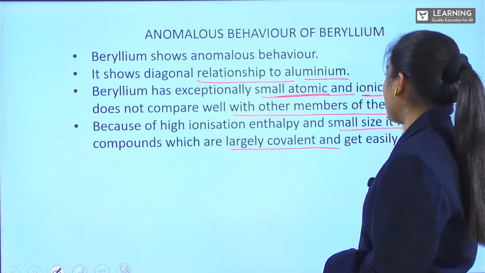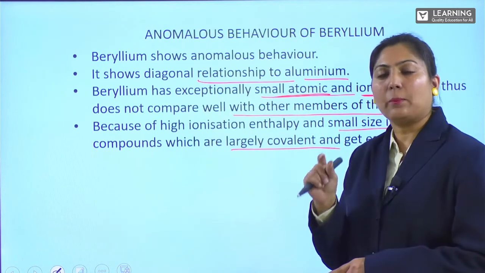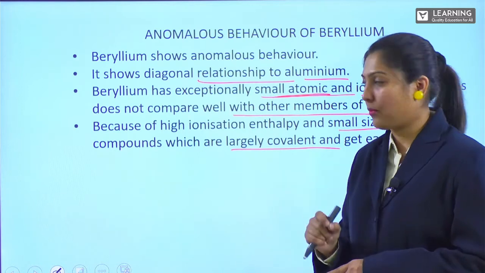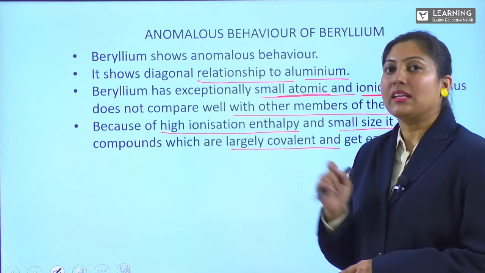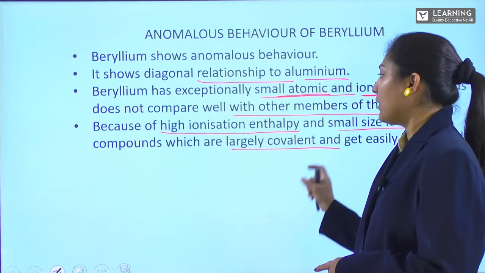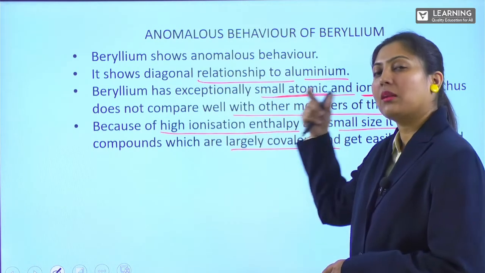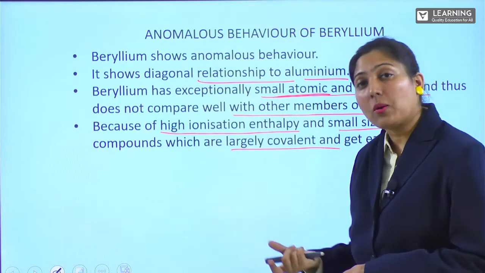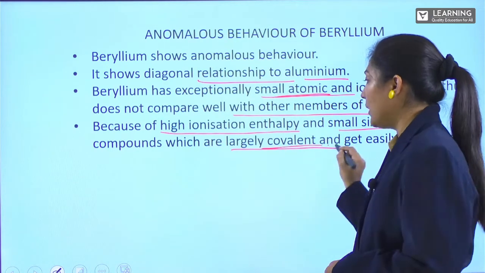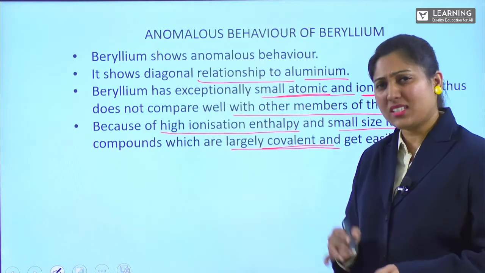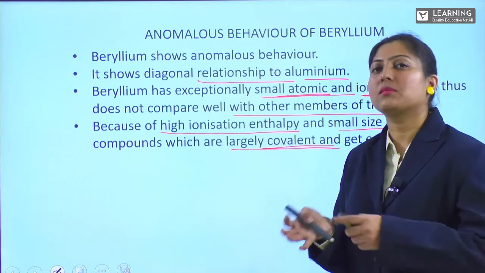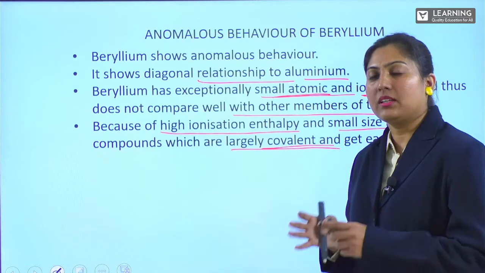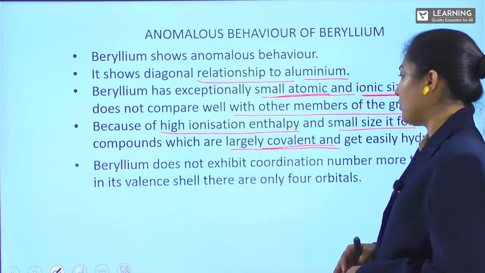Atomic size as well as ionic size is very small compared to the other members of the same group, and the high ionization enthalpy is due to the smaller size, and due to that ionization enthalpy and smaller size, it forms compounds which are covalent in nature. Since it is covalent, whereas all other elements form ionic compounds, it differs a bit from other elements of the same group.